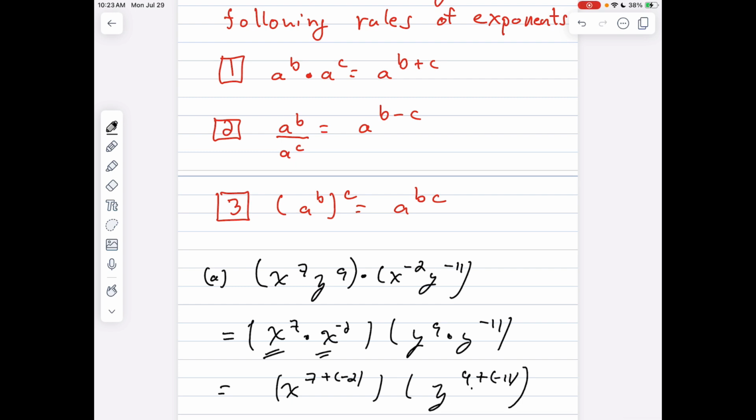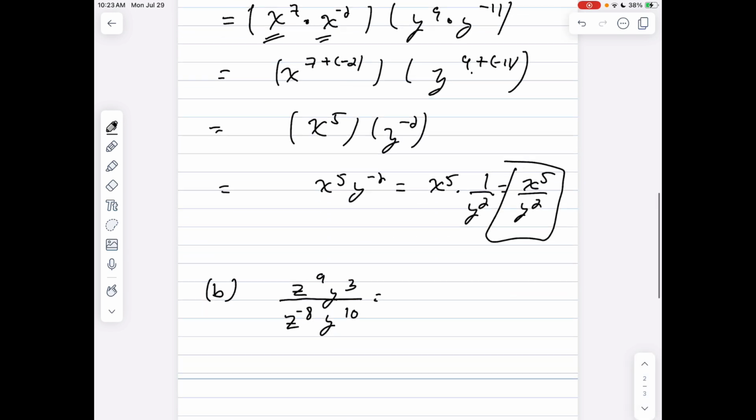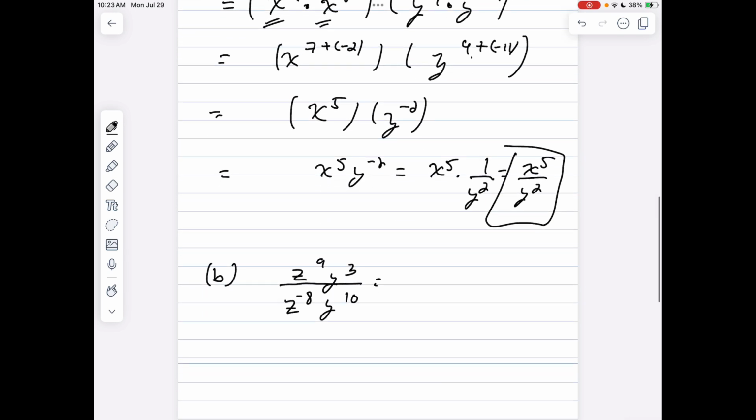The way this works is that you separate the z's from the y's. So this is z to the 9 minus negative 8 times y to the 3 minus 10. This becomes z to the 17th because 9 minus negative 8 is 9 plus 8. And then 3 minus 10 is equal to minus 7.